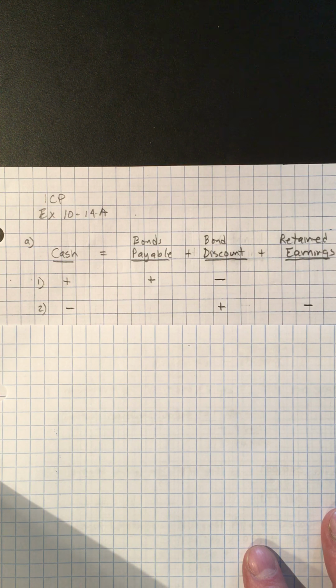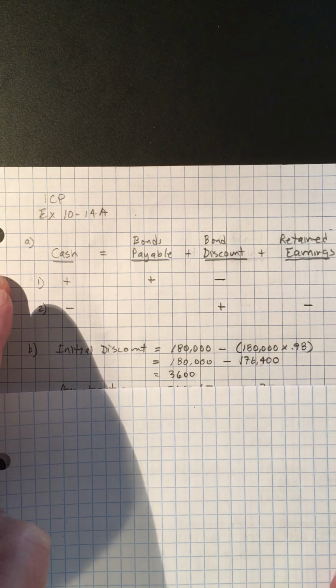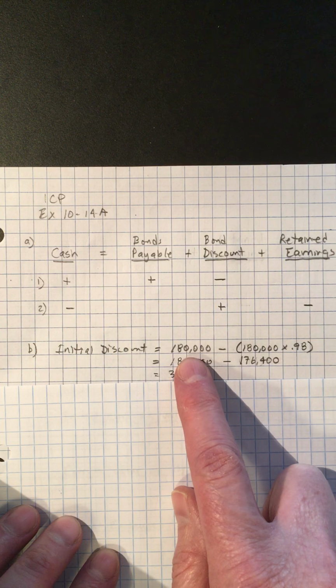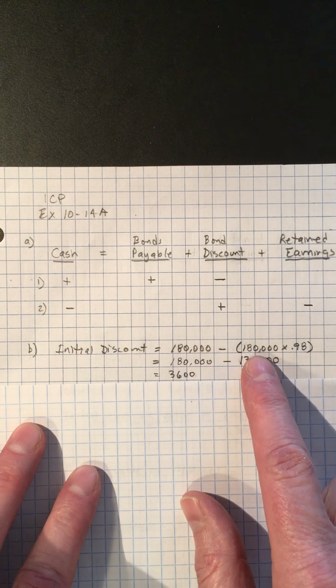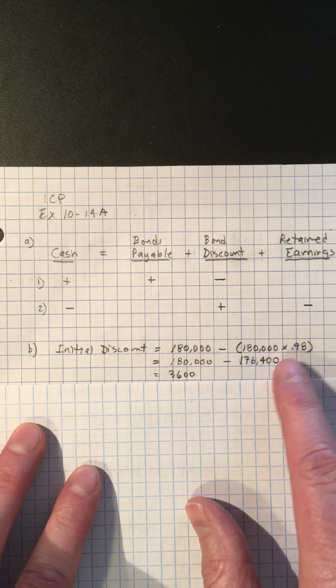Now in B, they say determine the carrying value, which is the face value less the discount or plus a premium of the bond liability at the end of the first year. So first I need to figure out what the initial discount is. The face value is $180,000 and we issued it at 98, or 180,000 times 0.98.